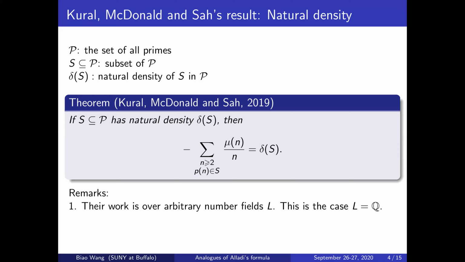And here are some remarks. Actually, their work is over arbitrary number fields. This is just the basic case for the rational field.